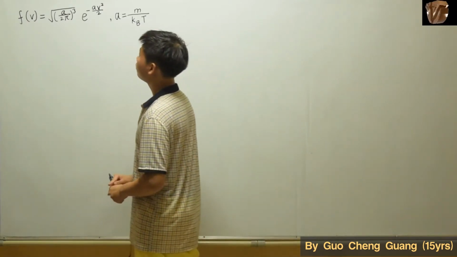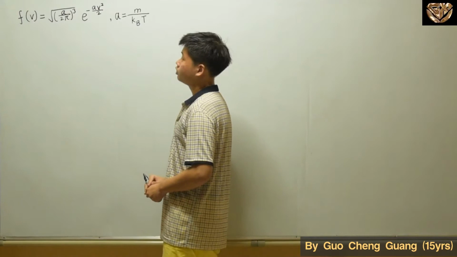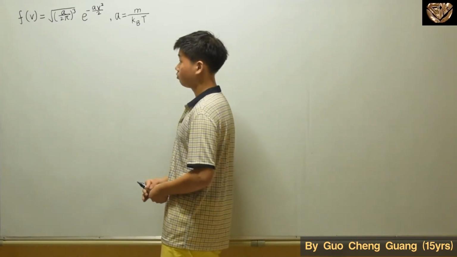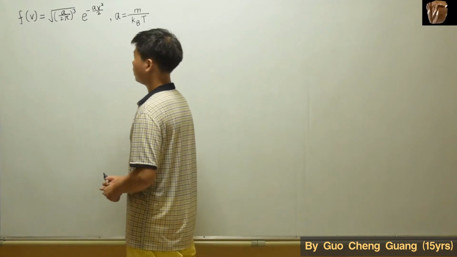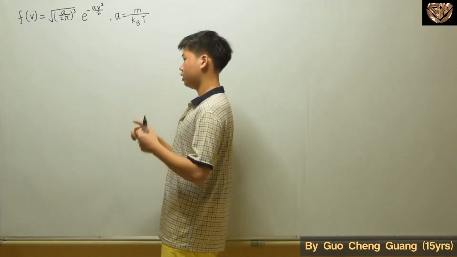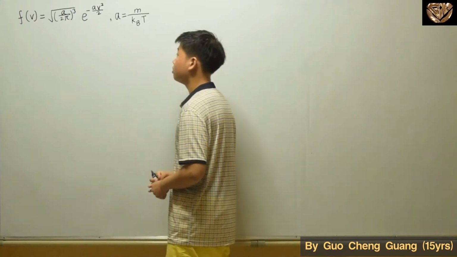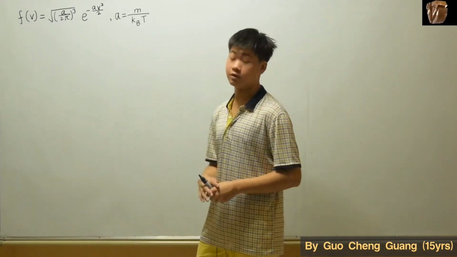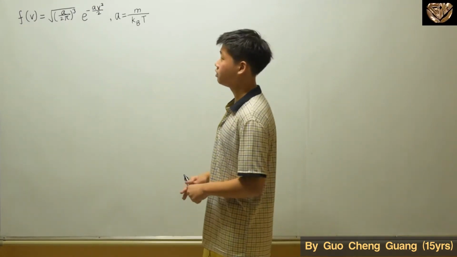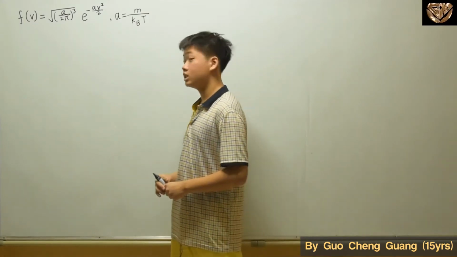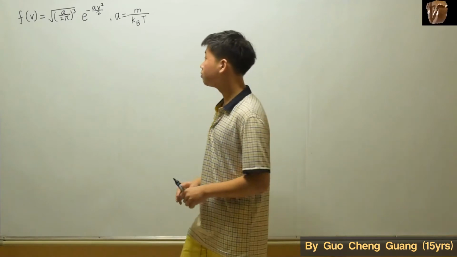When you think about trying to find your different types of speeds, since this is 3-dimensional, you might want to consider spherical coordinates, since it will be the same from every direction. So how are we going to change this into spherical coordinates?